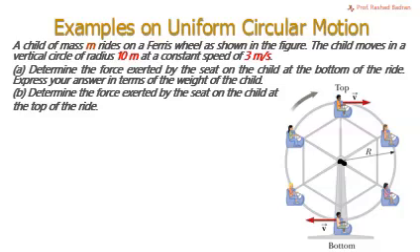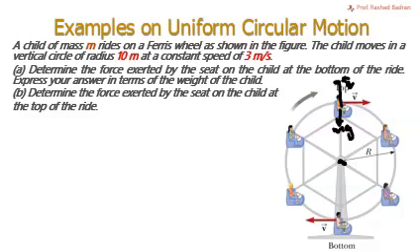And as you can see in here, the child has two forces acting on it. Its weight is mg at the top, and the normal force, that's the force acting from the chair on the child, F normal at the top.